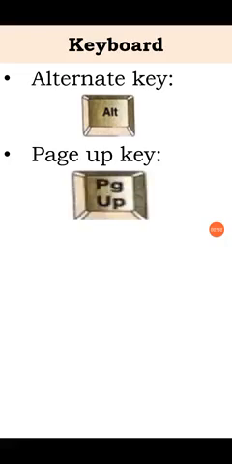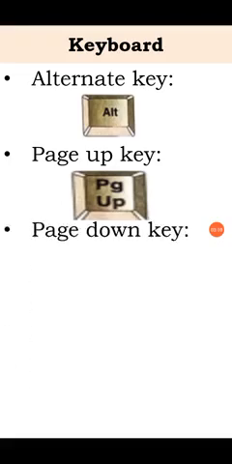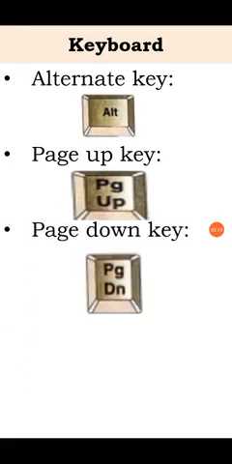In word processing programs, this key is used to move the cursor up page by page. Page down key. In word processing programs, this key is used to move the cursor down page by page.